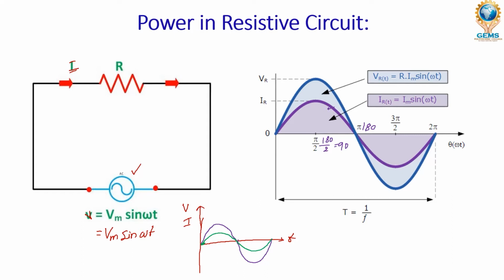But why is there a difference in size? The voltage will be around 230 volts, 220 volts, or 415 volts, so this is the magnitude, the voltage level. In that particular circuit the current will be very small.